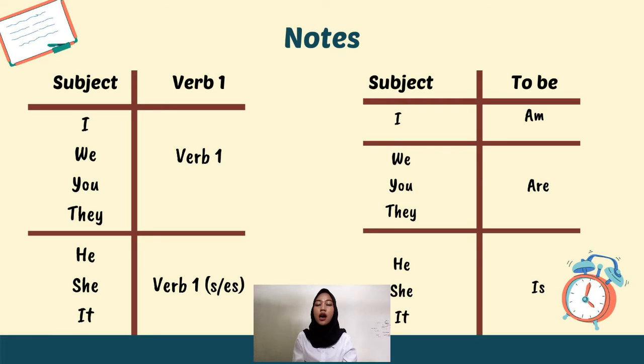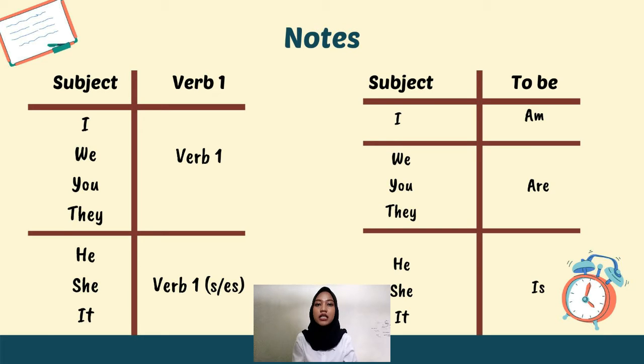For you guys, I will explain the use of verb 1 and to be. The use of verb 1 and to be depends on the subject. The first I will explain is the use of verb 1. If the subject is I, we, you, they, we use verb 1 without s or es. And if the subject is he, she, it, we use verb 1 with s or es.